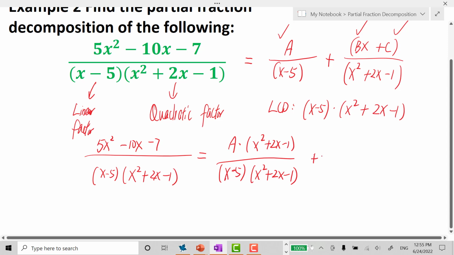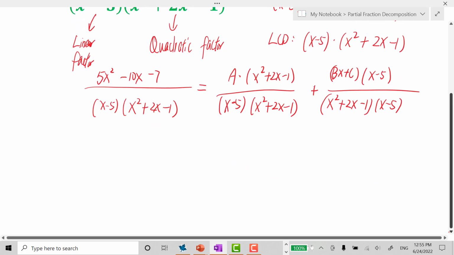For the second term, we're going to multiply both top and bottom by x minus 5. So 3x times x minus 5 on the denominator. Same thing, multiplied by the same linear factor, x minus 5. Now we have the same denominator, so we can combine them.